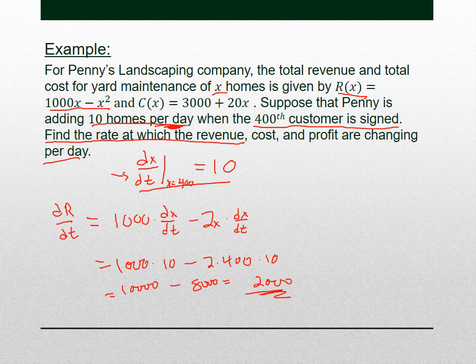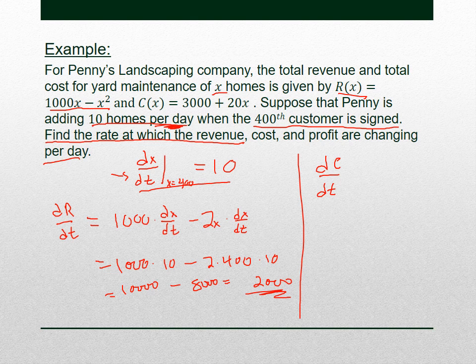So this is 10,000 minus 8,000? So that's 2,000. So that's the change in revenue per day. The rate at which the revenue is changing per day when that 400th customer is signed.